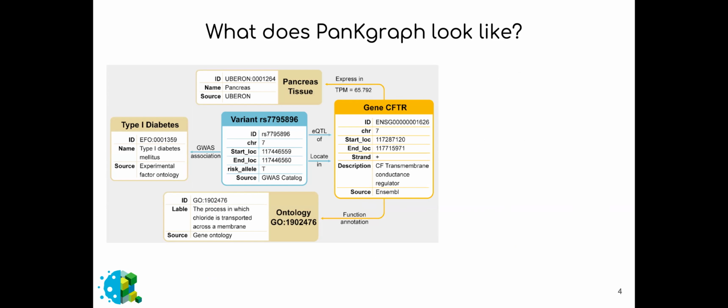So here, I only show you part of the graph, only containing 5 nodes and 5 edges, describing a genetic variant. It is a GWAS association with T1D. It's also an eQTL of a gene that is expressed in pancreas, and this gene belongs to this ontology. So here we have nodes, like a gene, and for every node and edge, we can have properties or attributes.